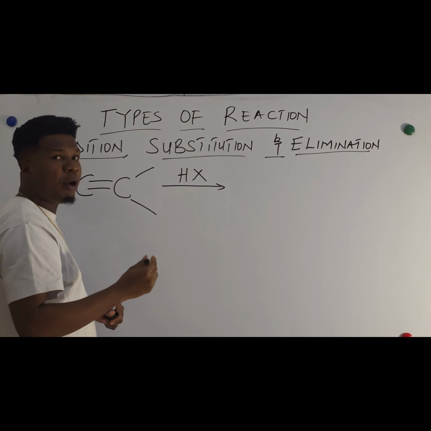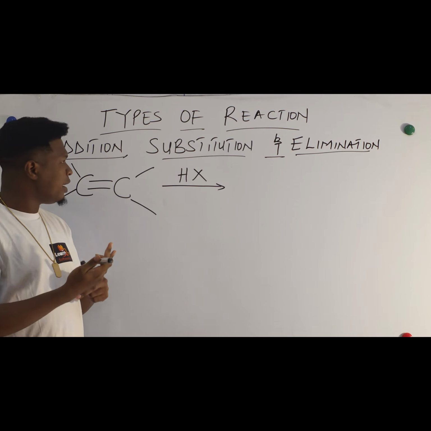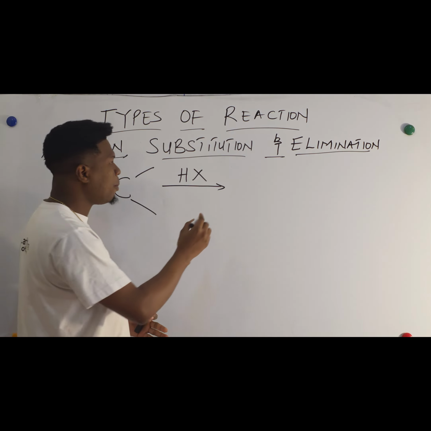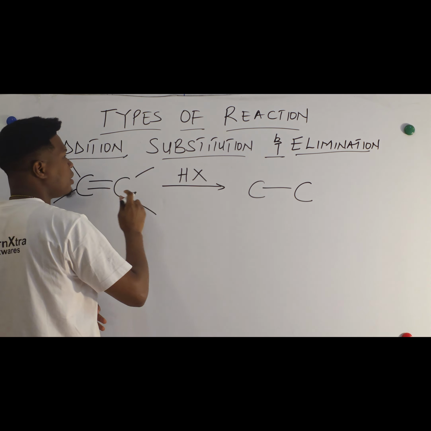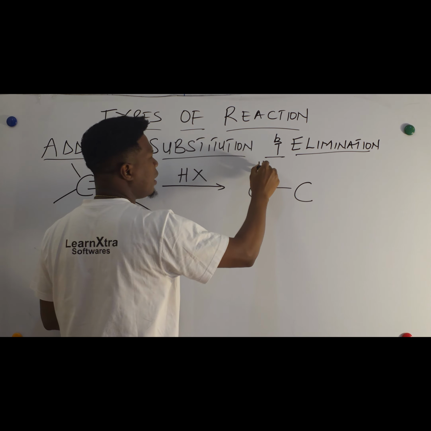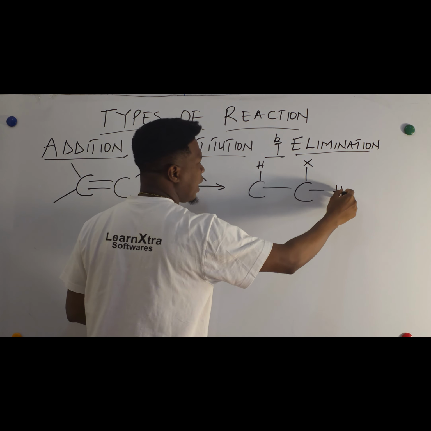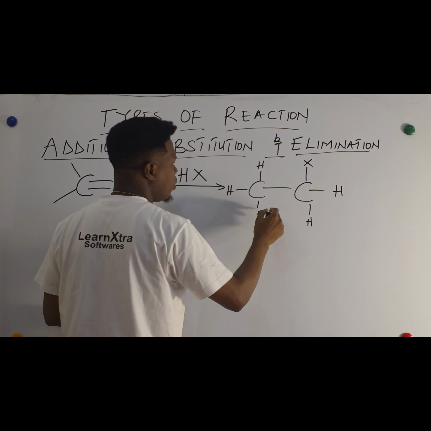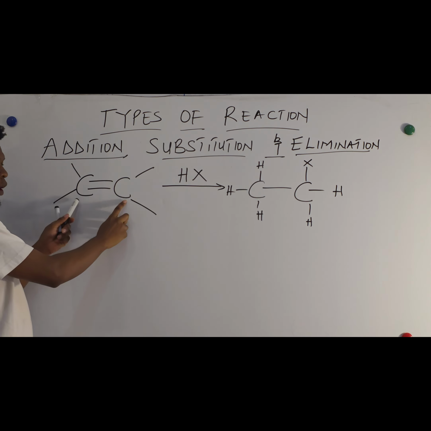So the end point of an addition reaction is that, at the end of the reaction, this unsaturated compound will become saturated, okay? So we are going to add these two parts we brought here, one here and the other one here, so that we can have something like this. So this is what we mean by addition reaction. You are adding a species or a molecule to the point of unsaturation, okay? So this is an addition reaction.